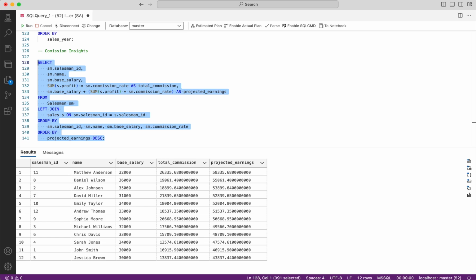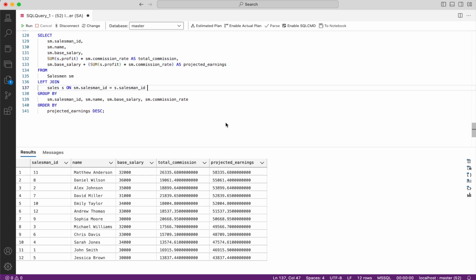And really, what we're able to observe from this is that in terms of earnings composition, projected earnings are going to vary significantly based on the total profit generated and the commission rate. High earners balance strong sales performance and competitive commission rates.